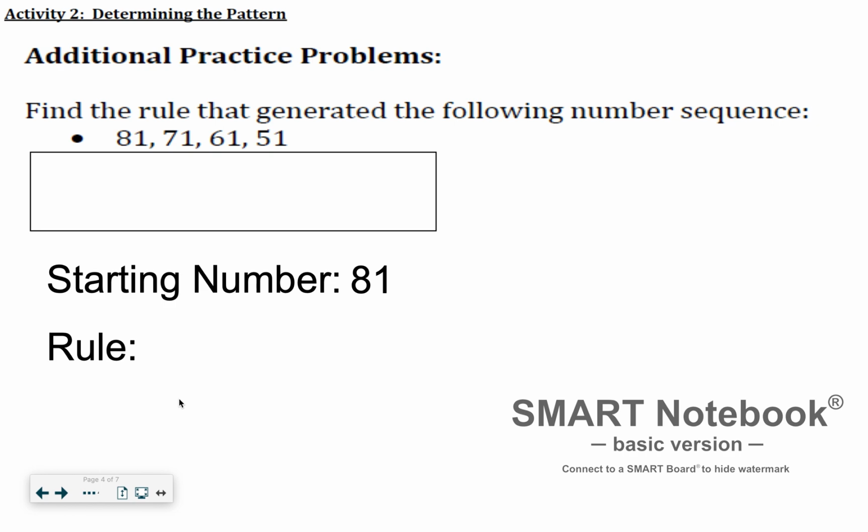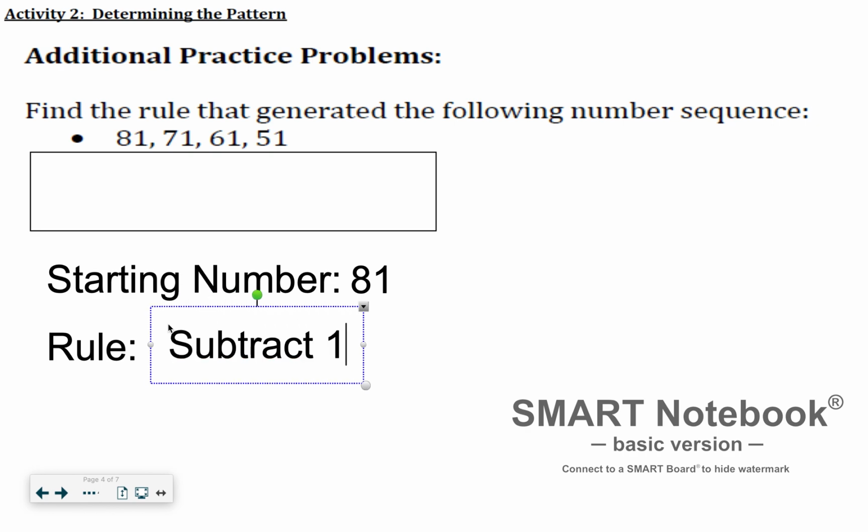How do I get from 81 to 71? I subtract 10. Let's see if that one works. 71 minus 10 is 61, so it works so far. And 61 minus 10 is 51. So that means our rule must be subtract 10.